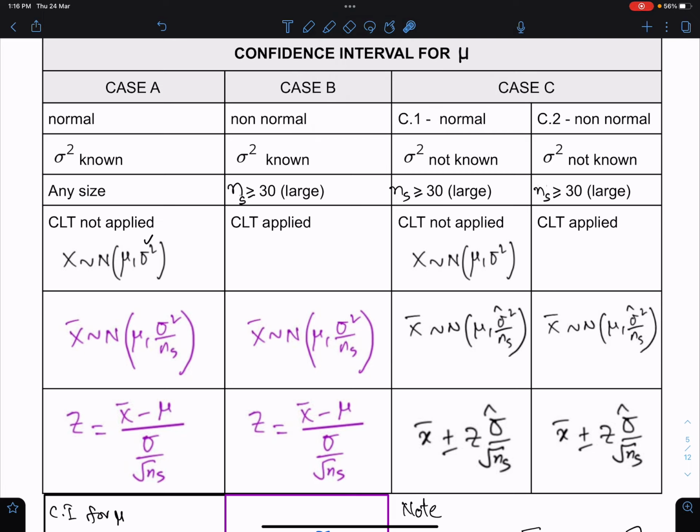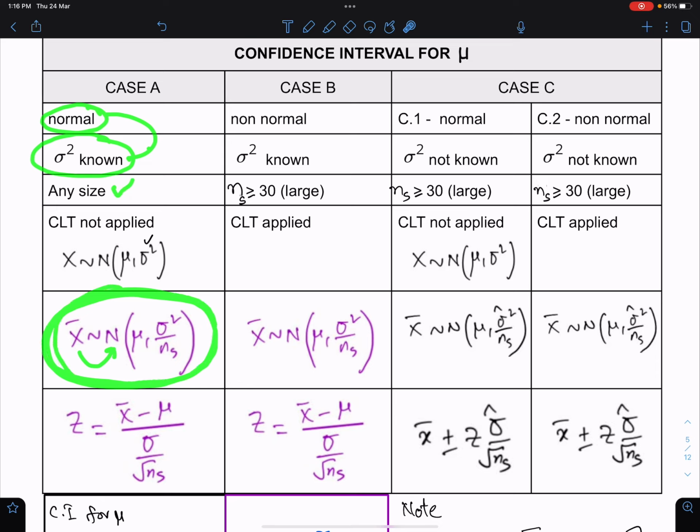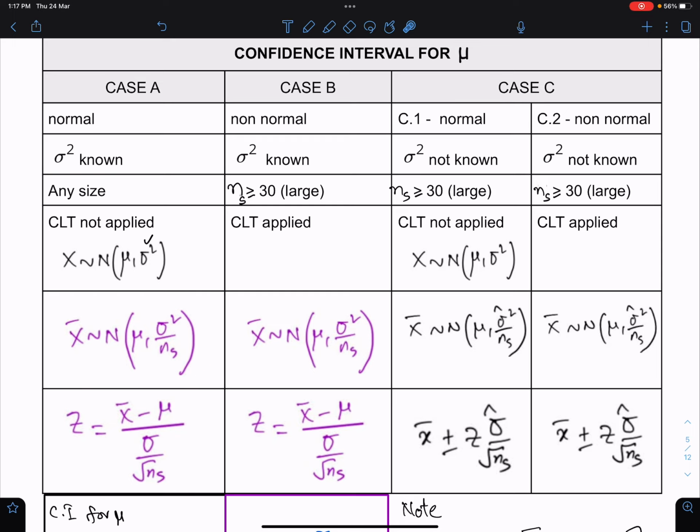Because of these two things, the distribution of sample means is always normal. So when population is normal and sigma square is known, then sample size is irrelevant. Hence, the distribution of sample mean is always normal. We don't need to apply central limit theorem here.